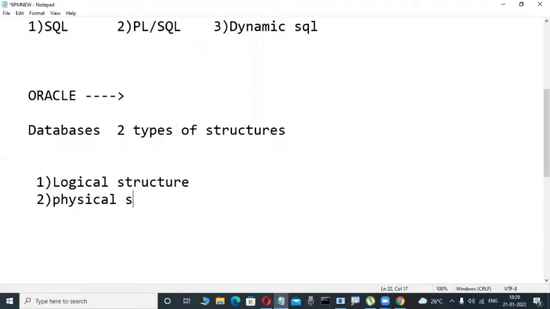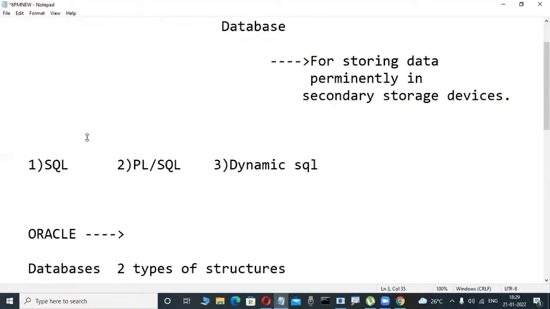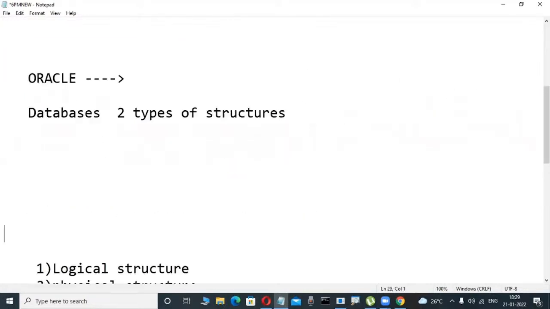Before we tell what the logical and physical structures are in these database software, consider the database definition in books. Many people write it like this. Today at least you will understand.